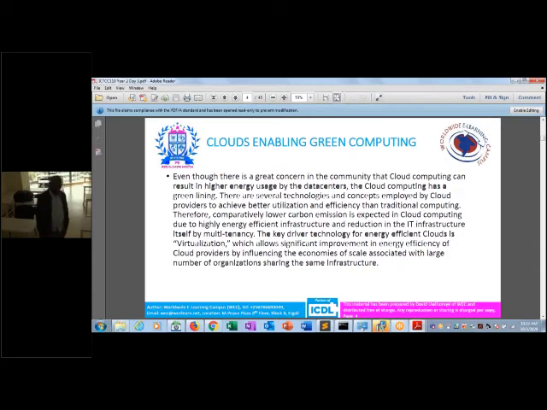Therefore, comparatively lower carbon emission is expected in green cloud computing.